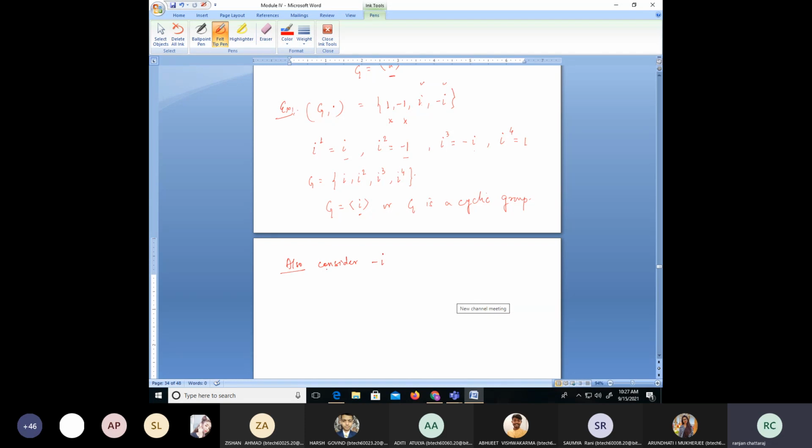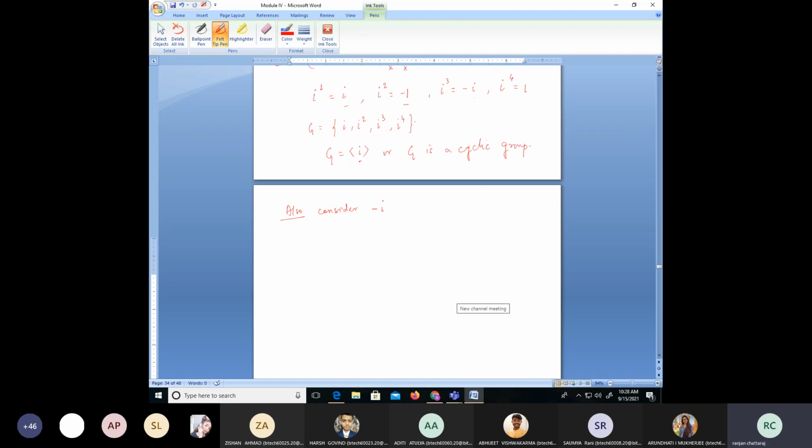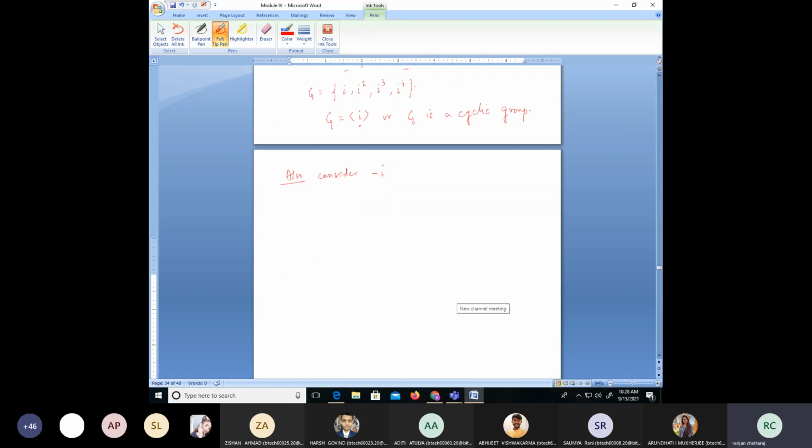Are you getting all the elements in powers of minus i? Let us try this one.